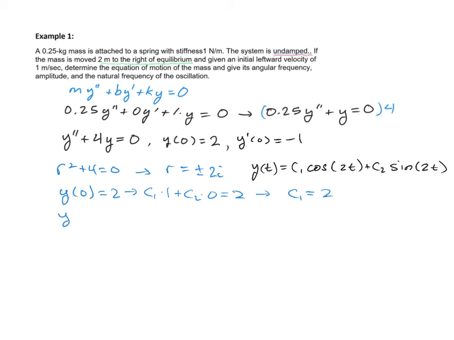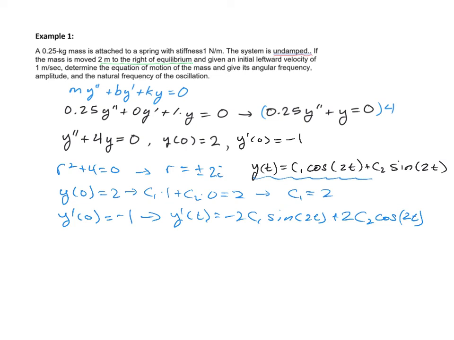And now we know that y prime of 0 must equal negative 1. Well, y prime of t is negative 2 c1 sine of 2t plus 2 c2 cosine of 2t. And again, that came from differentiating our y of t that we have.